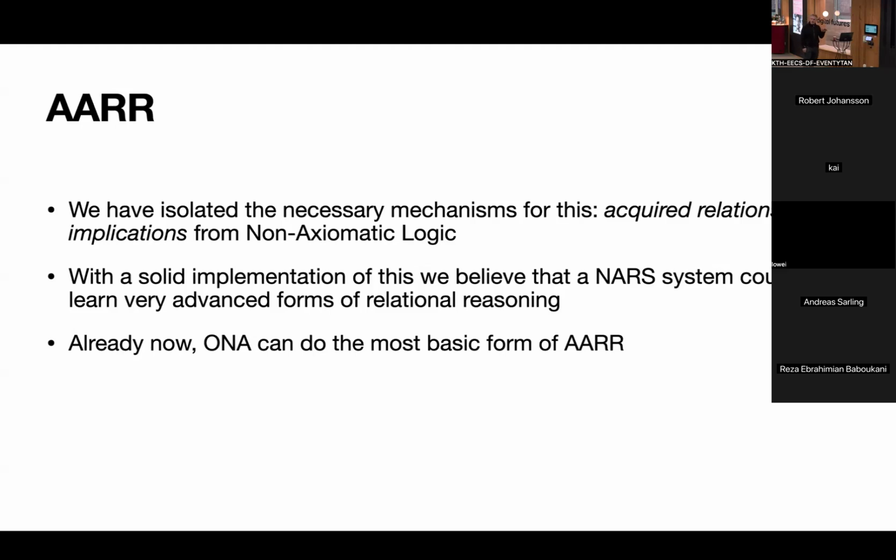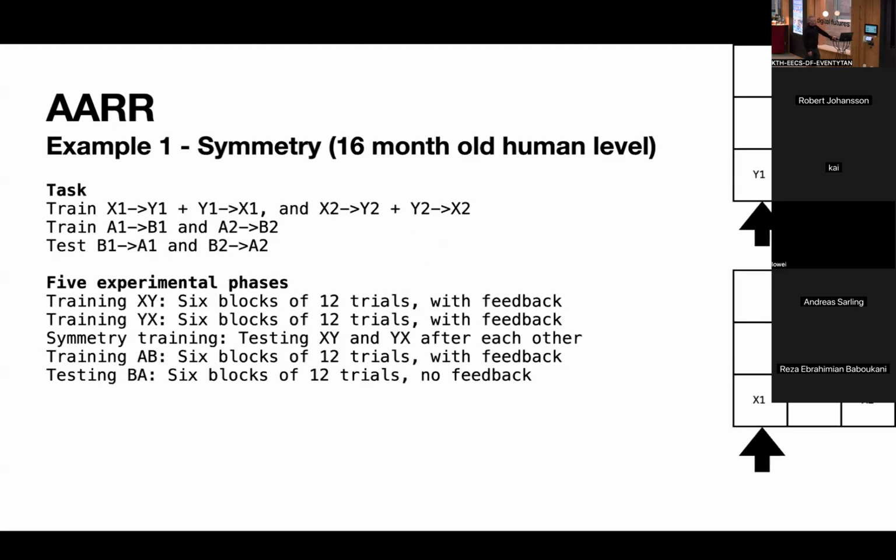Already now, OpenNARS for Applications can do the most basic form of arbitrarily applicable relational responding. It cheats a bit and sees it as a higher order functional equivalence, which in a way maps to the simplest form of AARR. So ONA can learn this: if it is trained to pick Y1 in the context of X1, and afterwards also with feedback learns the reverse, that when Y1 is the sample, it learns to pick X1.